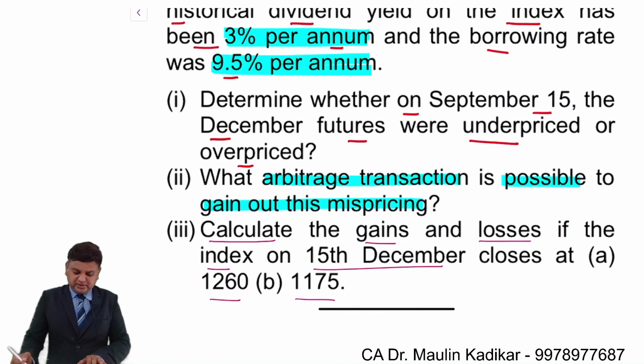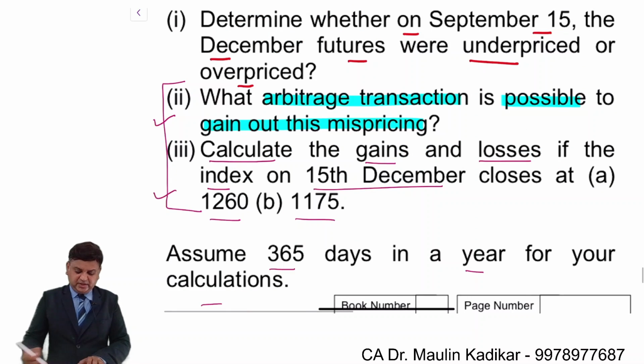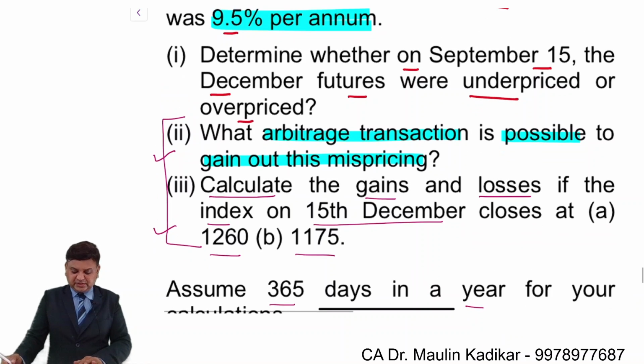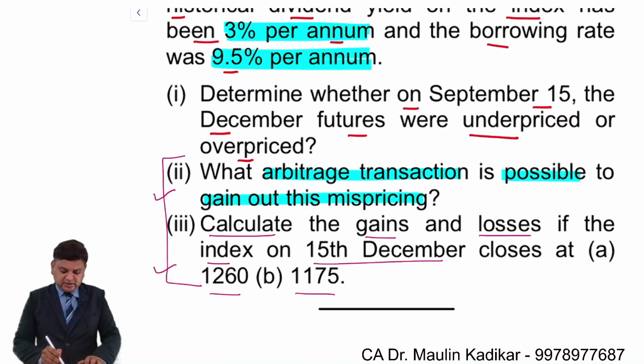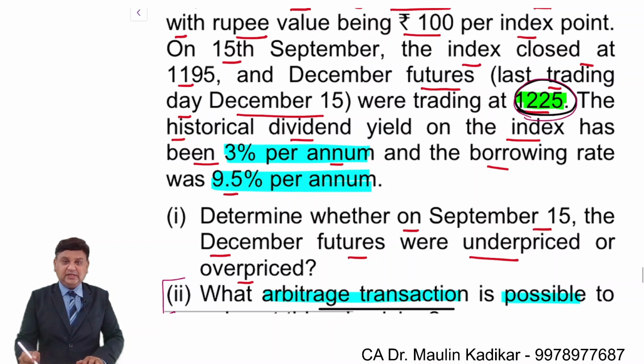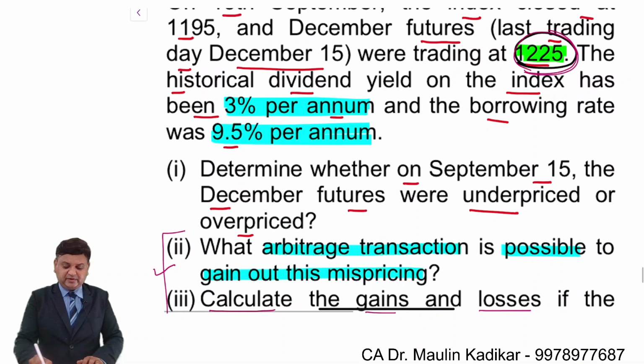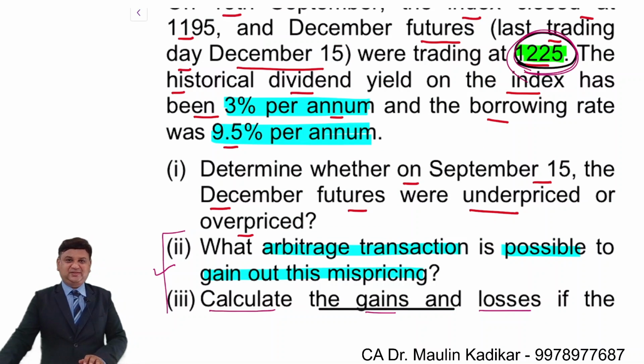Here the second and third questions we can combine together. If the futures price turns out to be 1260, which is greater than 1225, and 1175, which is lower than 1225. That is the question.